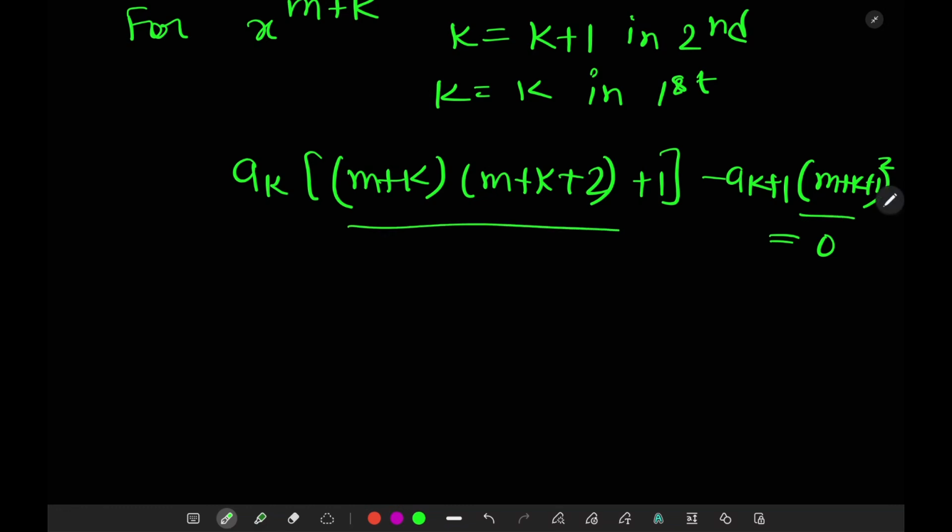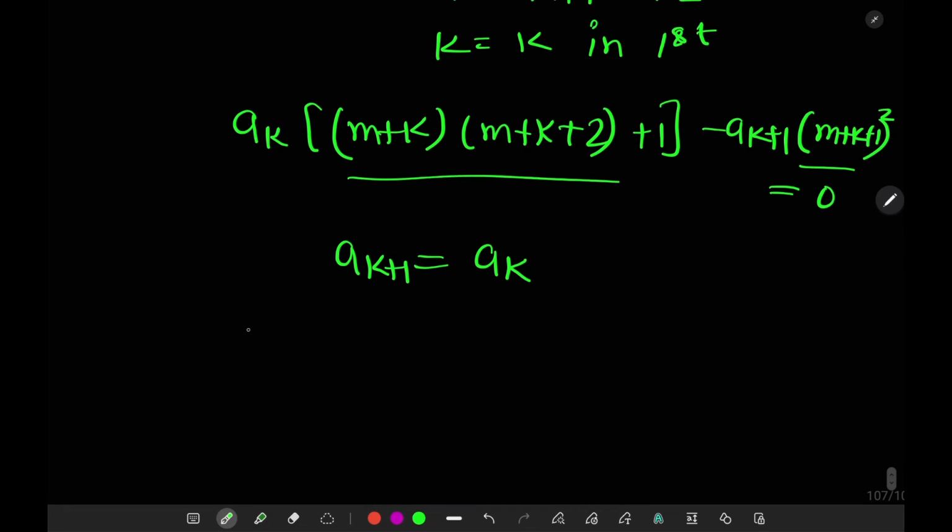Now on solving this, we get a_k equal to a_{k+1} equal to a_k. Now y is equal to x raised to power m.